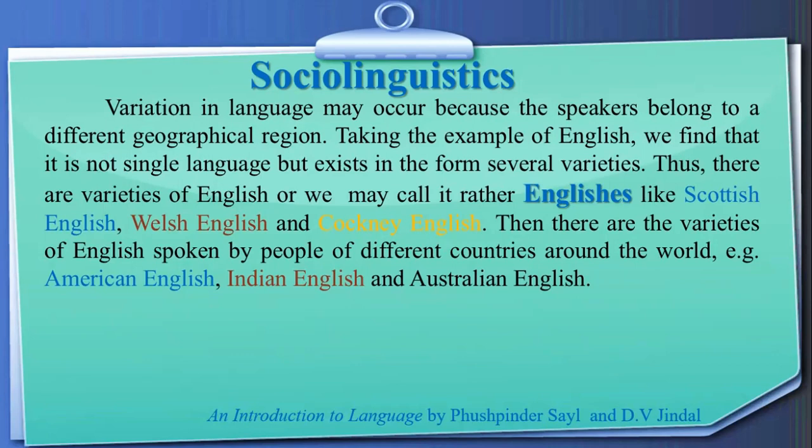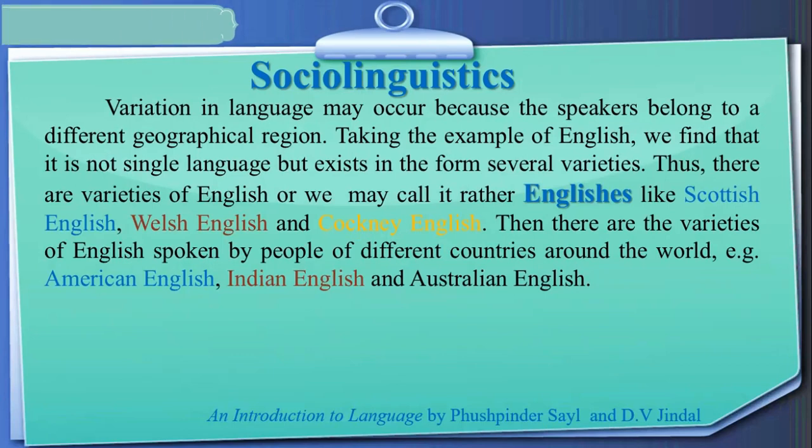Thus, there are varieties of English, or we may rather call it Englishes, like Scottish English, Welsh English, and Cockney English. Then there are varieties of English spoken by people of different countries around the world, for example American English, Indian English, and Australian English.